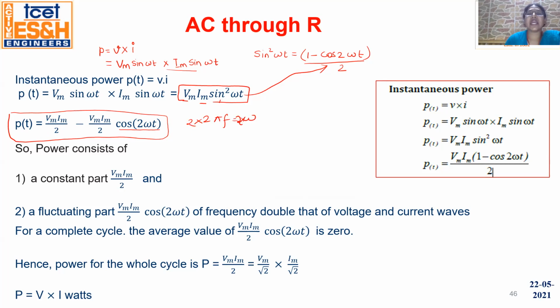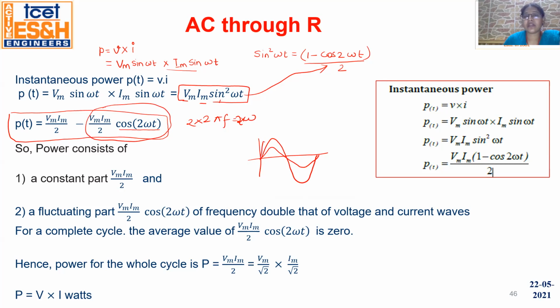So what happened? It rotates at double the frequency of the voltage and current. Suppose this is the voltage and this is the current. Okay, now the frequency of this particular portion is twice that of the base signal.